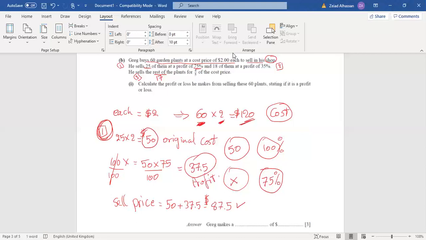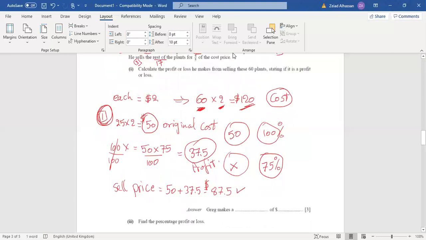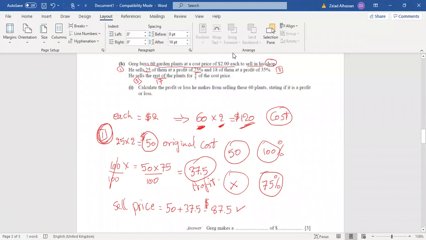Now step number 2, which is 18 of them at a profit of 35%. I don't have a space over here, right? Let me write down step number 1: it was 50 original plus 37.5, that's the profit. I will erase this because I don't have space.